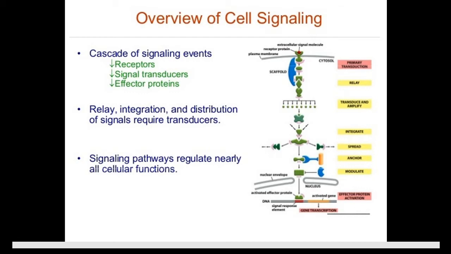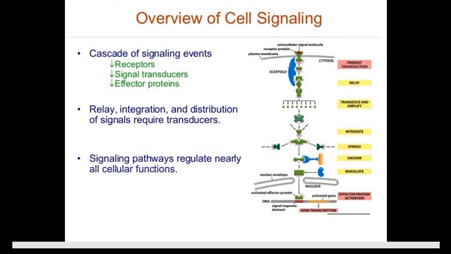After receiving, it transfers the signal to another protein, that is the transducer. If the signal is received by some other protein and that protein changes itself, that is the effector protein.